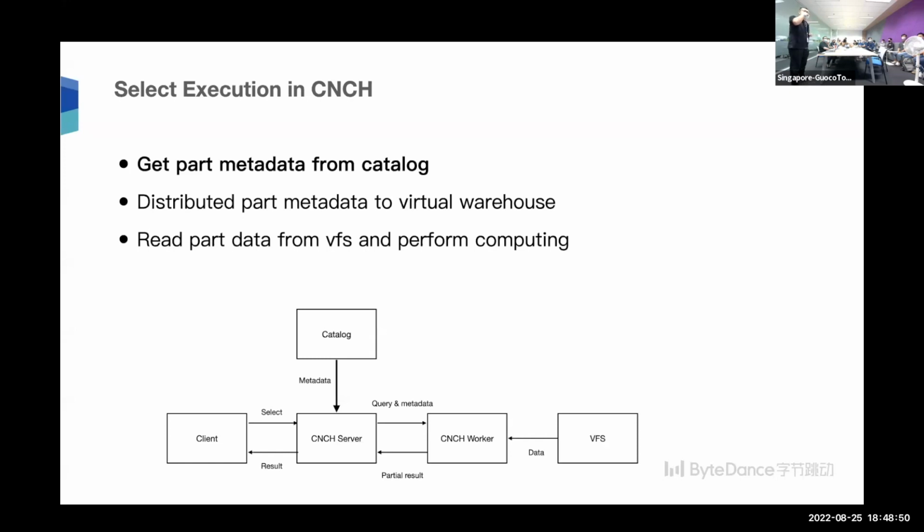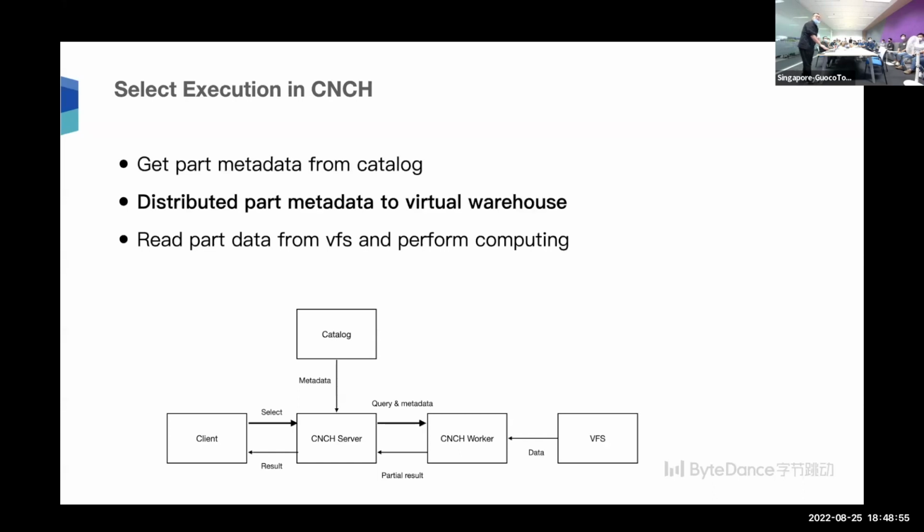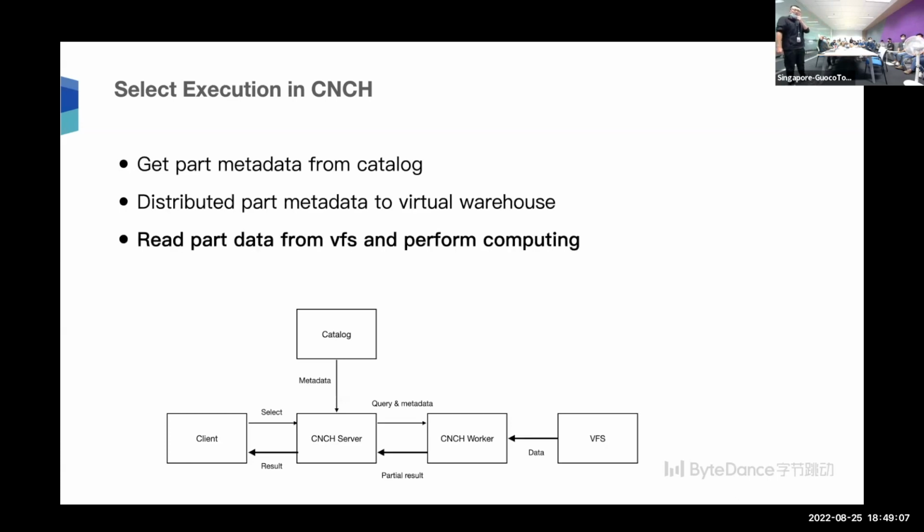We first get the metadata from the catalog, then distribute that metadata to the virtual warehouse, which is the computing resource of our system. After that, our computing workers will read the parts from the VFS, which is on S3 or HDFS, perform the computing, and return the result back to the server and finally to the client. So the flow is quite easy.